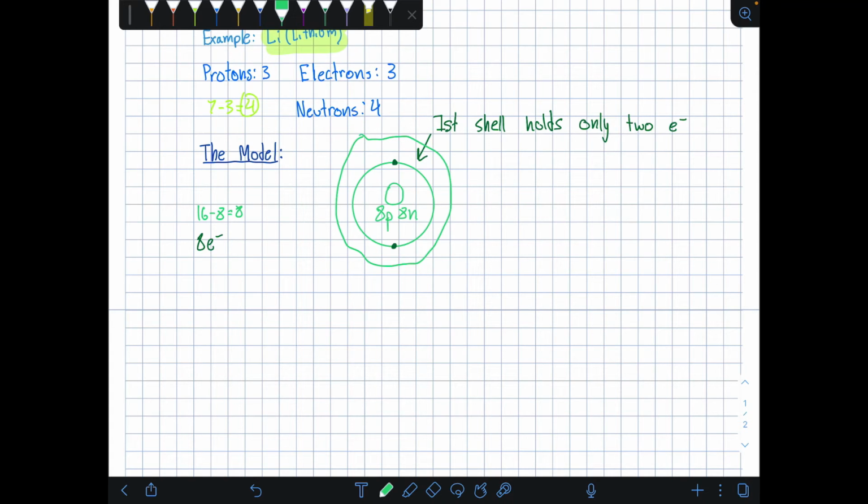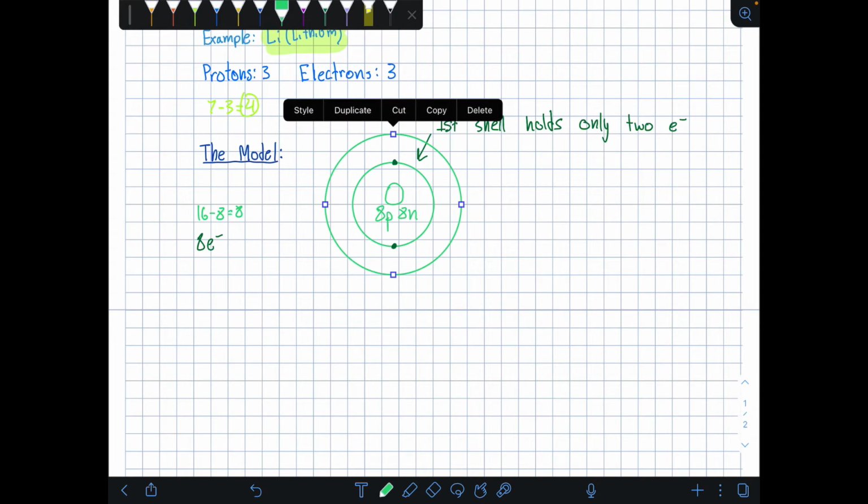Oh, no. Okay, sorry about that. Let's see if we can get a nice circle. Yes, there we go. Any shell after the first shell, for your really big atoms where you're going to have many shells, they all hold 8 electrons after your first shell.